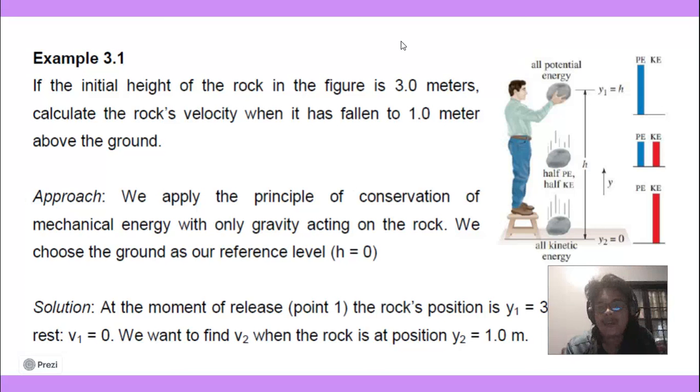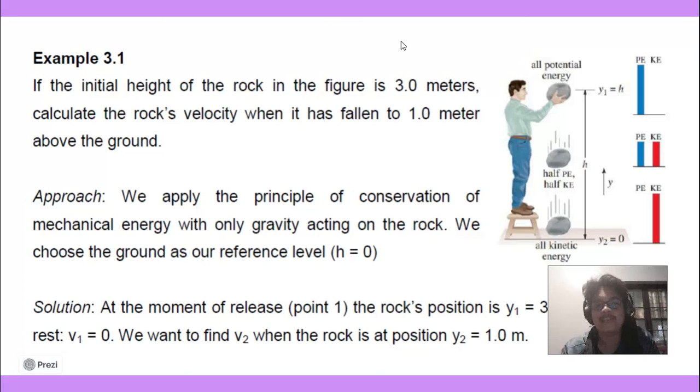I raised a rock, or certain people raised a rock, which is 3 meters high. Calculate the rock's velocity as it falls, when it has fallen to 1 meter above the ground. So it was released at around 3 meters.